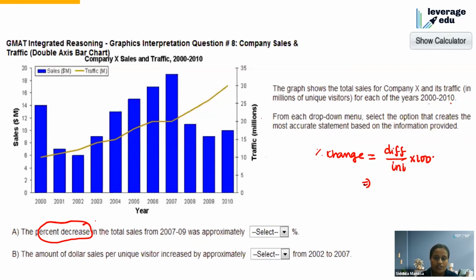So now let's go to 2007 and 2009. The 2007 data goes to around 19 dollar millions, minus 2009, which goes to somewhere around 8, divided by the initial, which is 19, into 100. So this goes to somewhere around 11 by 19 times 100.